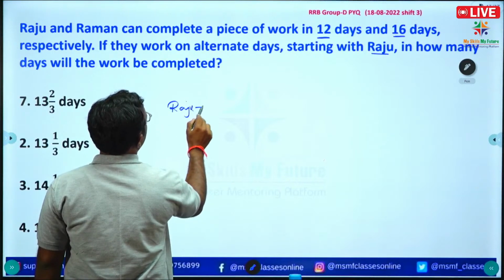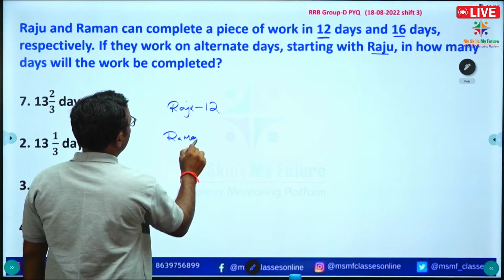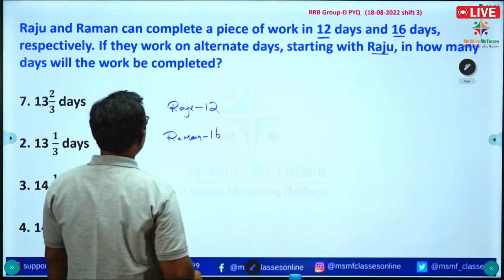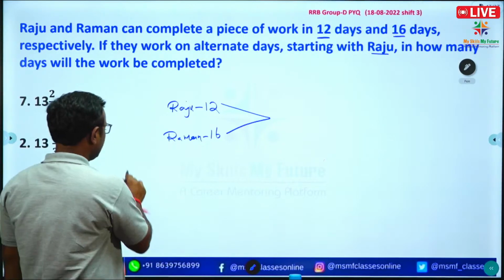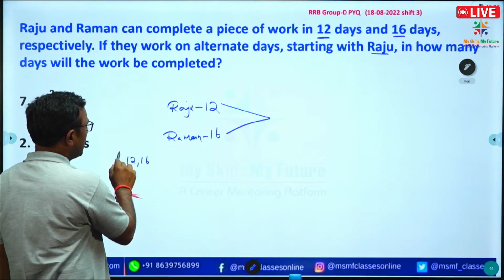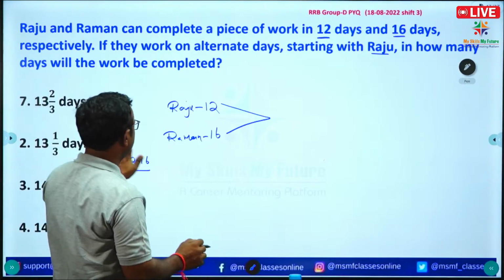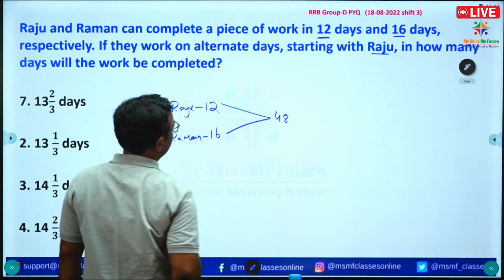Raju will complete the work in 12 days. Raman will complete the work in 16 days. So what is the total work? Just take the LCM of 12 and 16. We get the value 48.